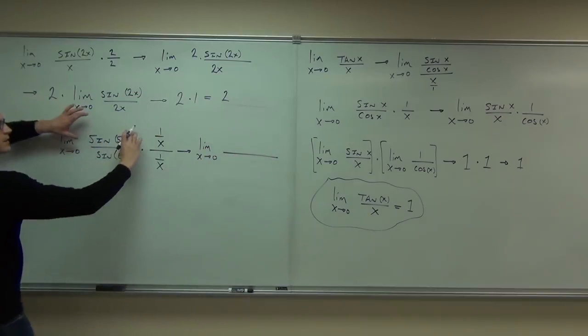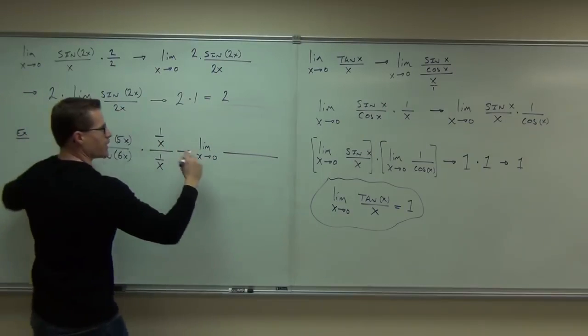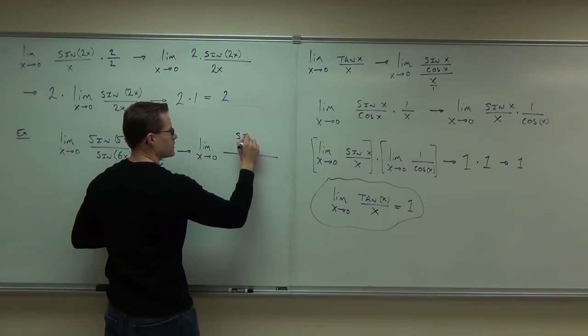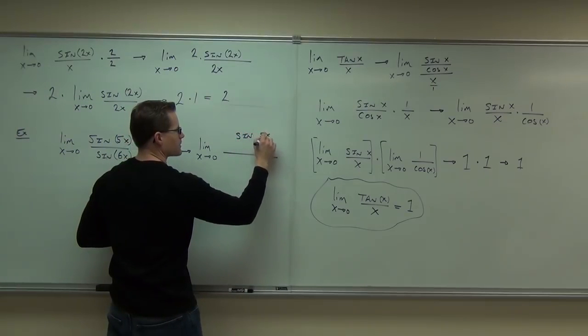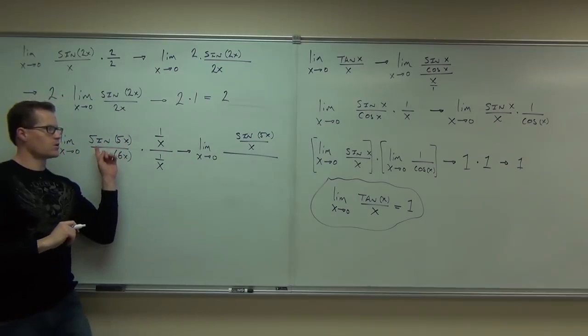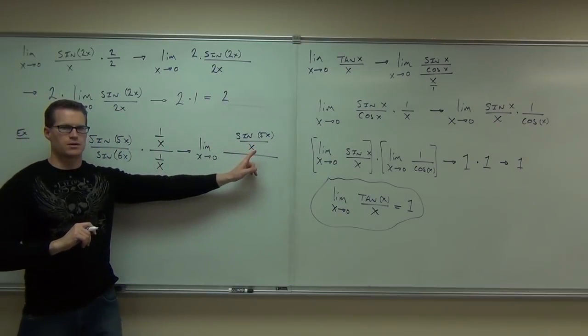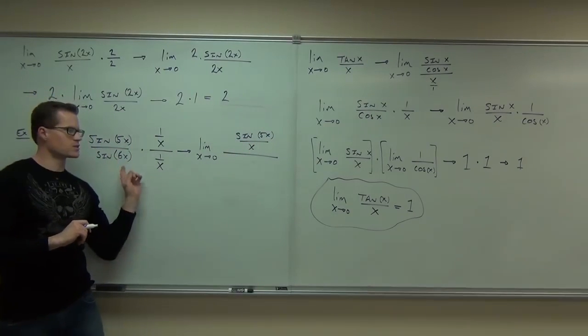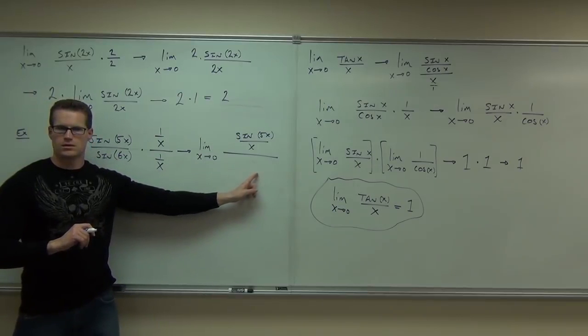If you multiply sine of 5x times 1 over x, you're going to get sine of 5x over x. Are you okay with that algebraic step? What's this one going to be? 5.